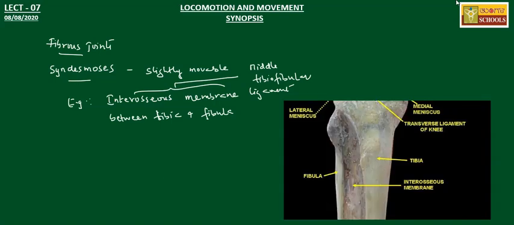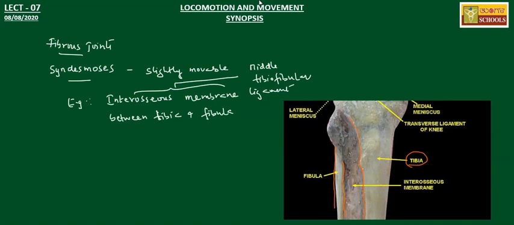So let's see here, this is the picture where I'm showing you the tibia. This is the main bone, and the supporting one you can see here. This is the fibula, and this is the tibia.